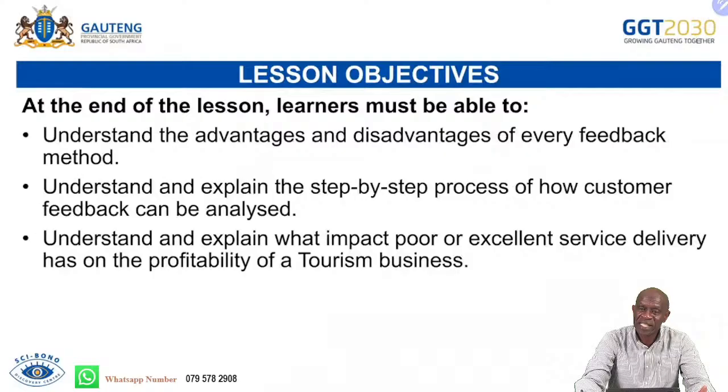So we need to understand clearly the impact or the effects of poor service or good service delivery as opposed to the profit that the business makes. So for a business to make good profit, it relies on the services of its staff members.